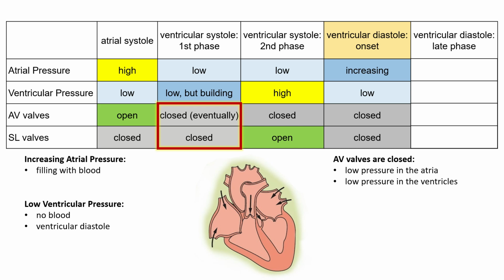It could be that initially the pressure differential between the atria and the ventricles isn't enough to drive the AV valves open. But it could also simply be that the AV valves just haven't had an opportunity yet to respond to the pressure changes that are occurring.